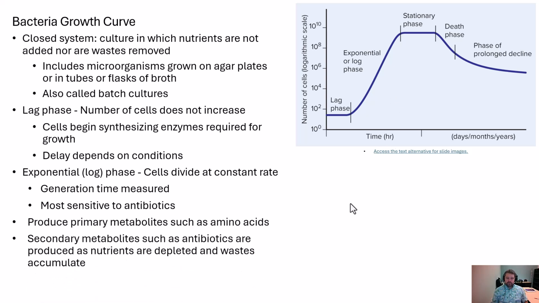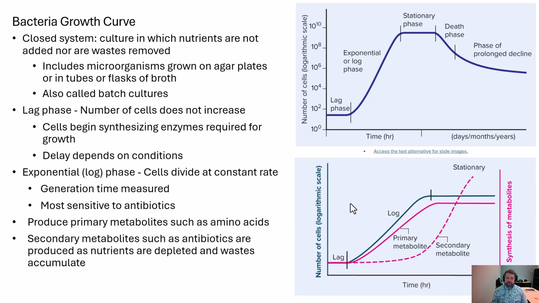Primary metabolites and secondary metabolites start to ramp up at this time, right in the exponential or log phase. The primaries are important for primary growth. The primary metabolites are like proteins, amino acid chains, nucleic acids, lipids, carbohydrates.